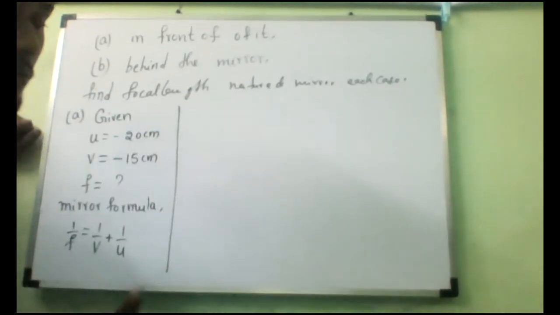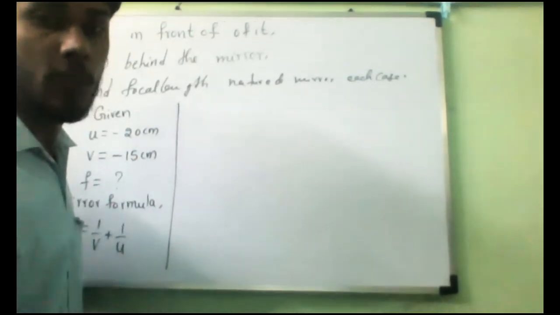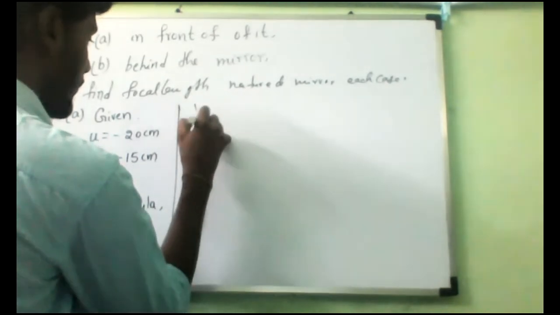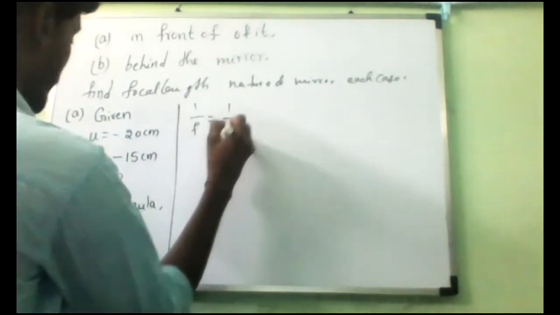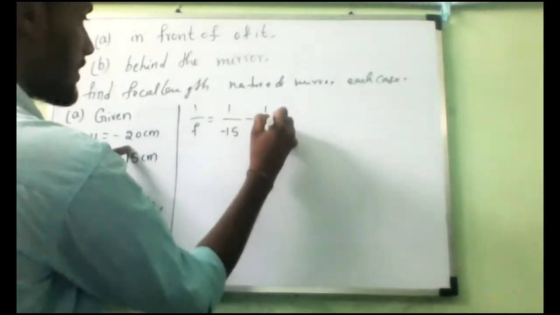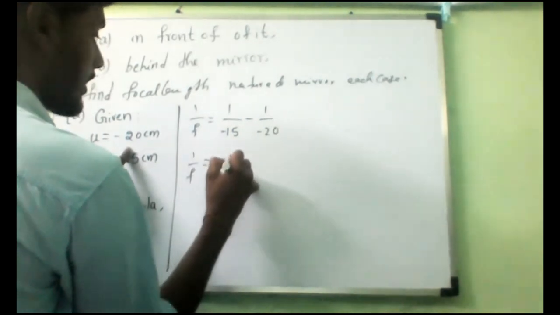You continue yours. Not all are responding, you have to respond. Next, 1 by F is equal to 1 by V. V equals how much? Minus 15. And U is equal to minus 20. What is the LCM for 15 and 20?